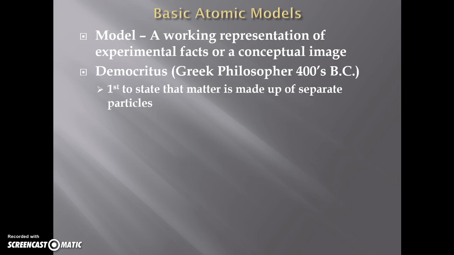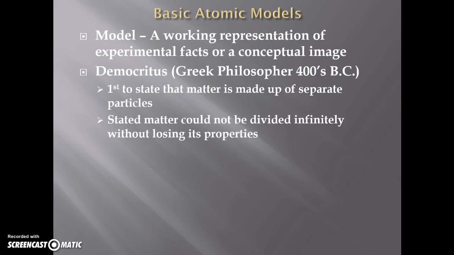In other words, you could get to a particle that you could not divide any longer without it losing its properties. You could not just keep infinitely dividing it. And so he called that smallest particle the atomos, and that's where we get our name, the atom, from. So Democritus is kind of responsible for the concept of the atom.